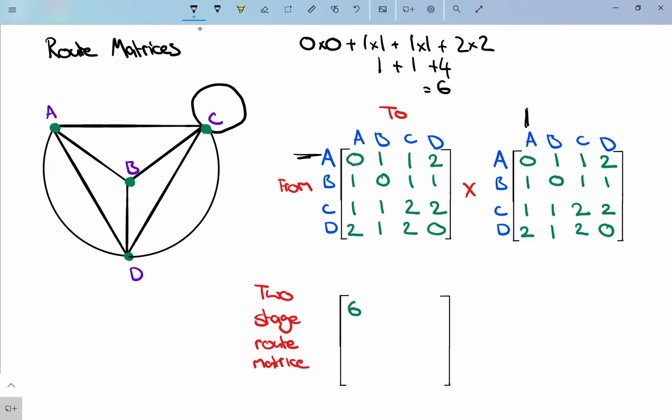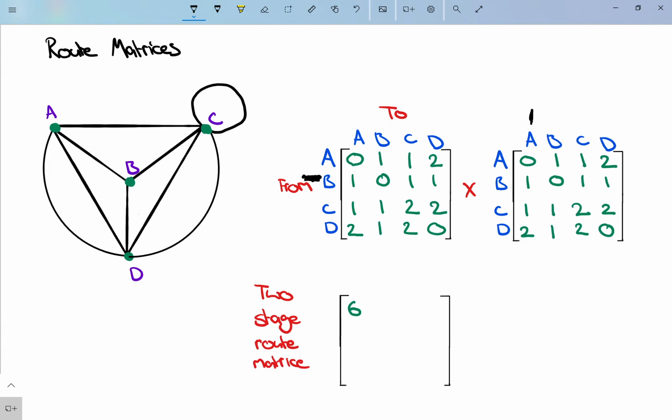So I'll do one more example to get another element, and then I'm just going to plop it into my calculator because I don't want to be here all night. So we'll do from B to A. So now we're going to find all the possible combinations if you were able to go through one town from town B to town A. So we're going to use this row here and this column here.